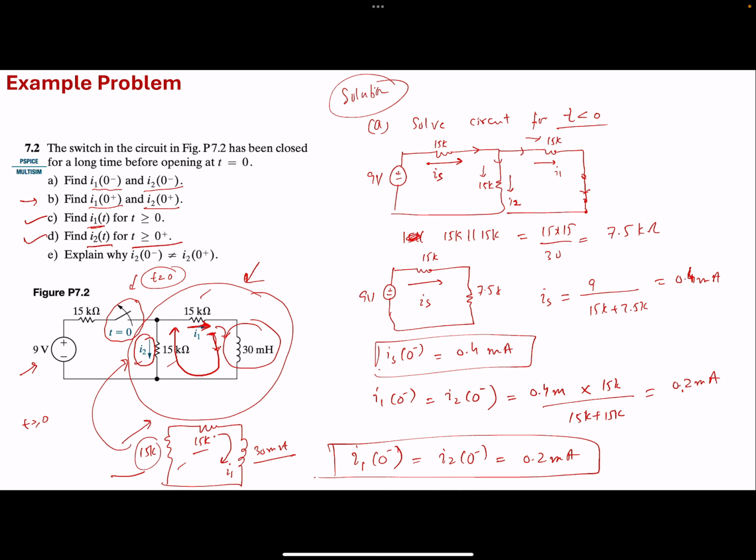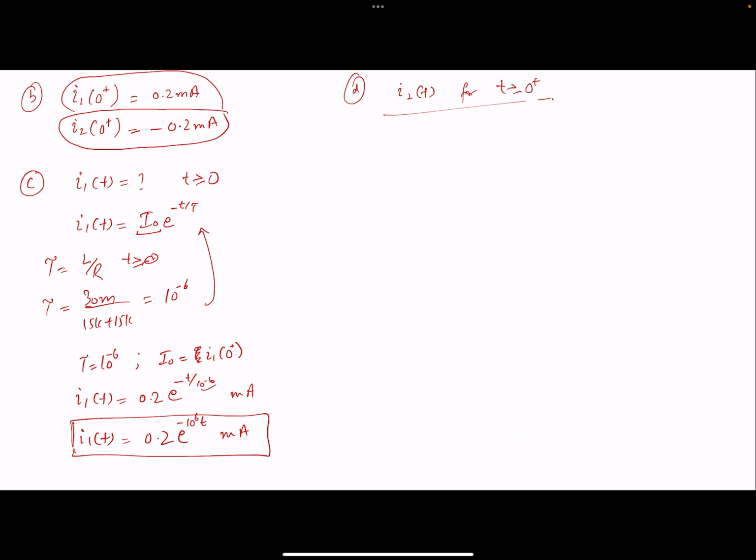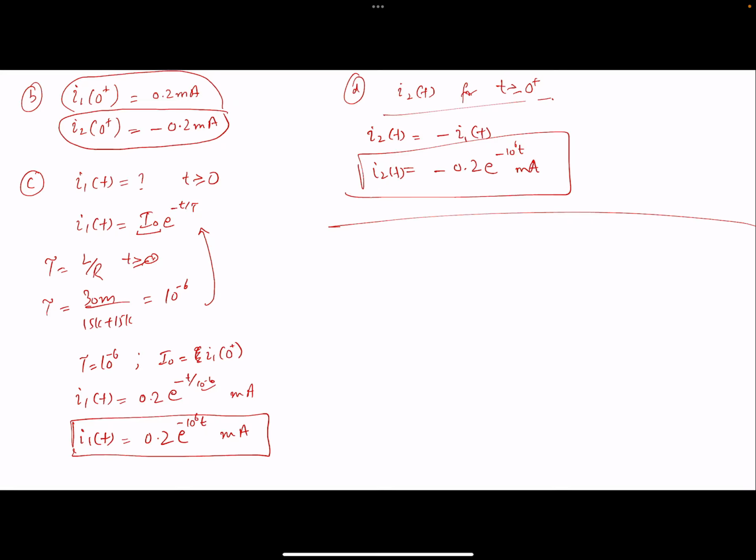So if I look at this circuit now, this means that my I2 is just the reverse of I1. So my I2 of t equals minus I1 of t. So it should come out to be minus 0.2 e raised to power minus 10 to the 6 times t milliamperes. So this is your D part.